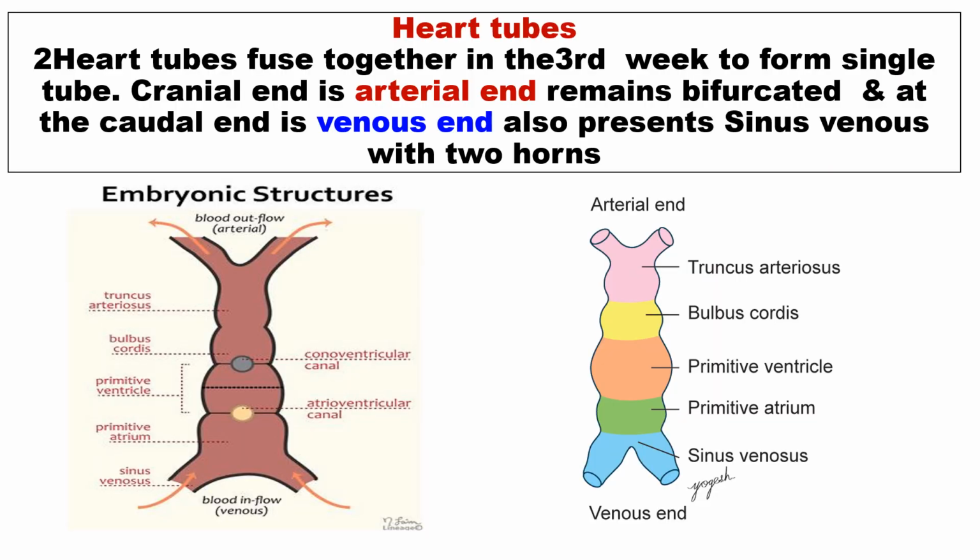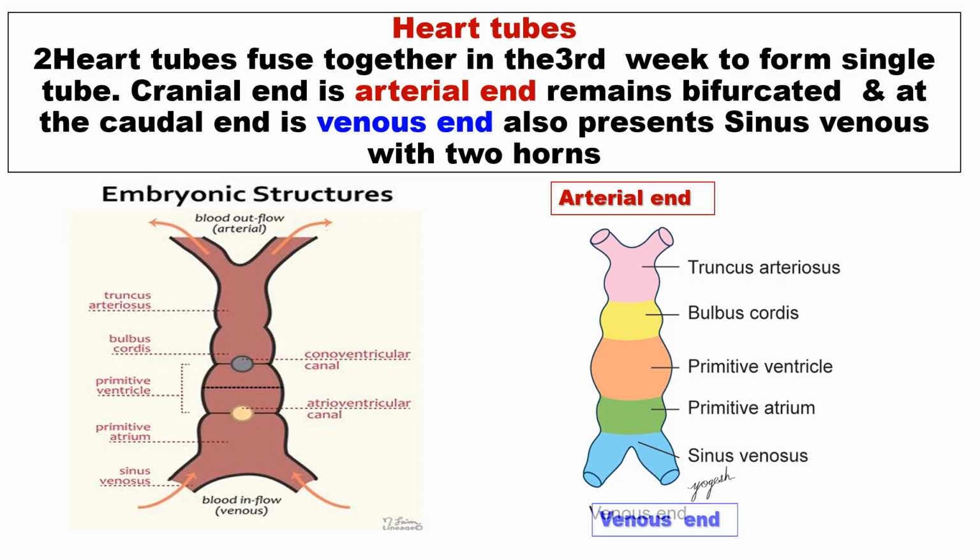Coming to the development of the blood vascular system, we have to initially know about the development of the heart tube as a whole. The two heart tubes fuse together in the third week to form a single tube. The cranial end is the arterial end and remains bifurcated.